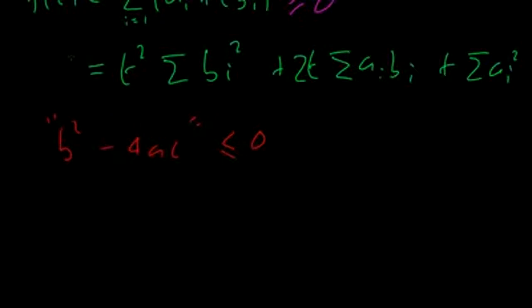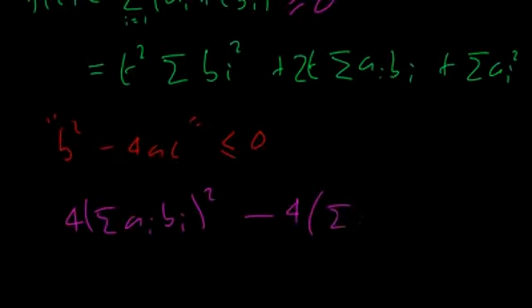Well, if we just figure out what this is, then b squared, the coefficient of t, is 4 times the sum of ai bi squared, minus 4ac, which is 4 times the sum of ai squared times the sum of bi squared.